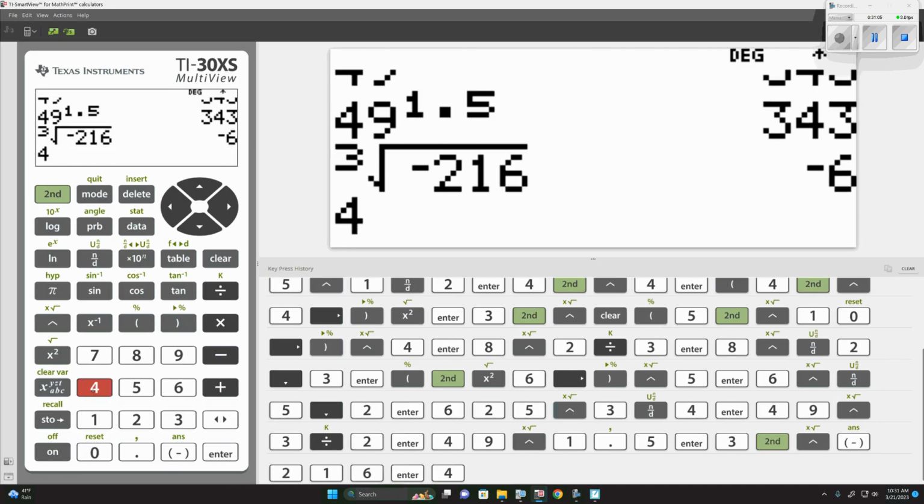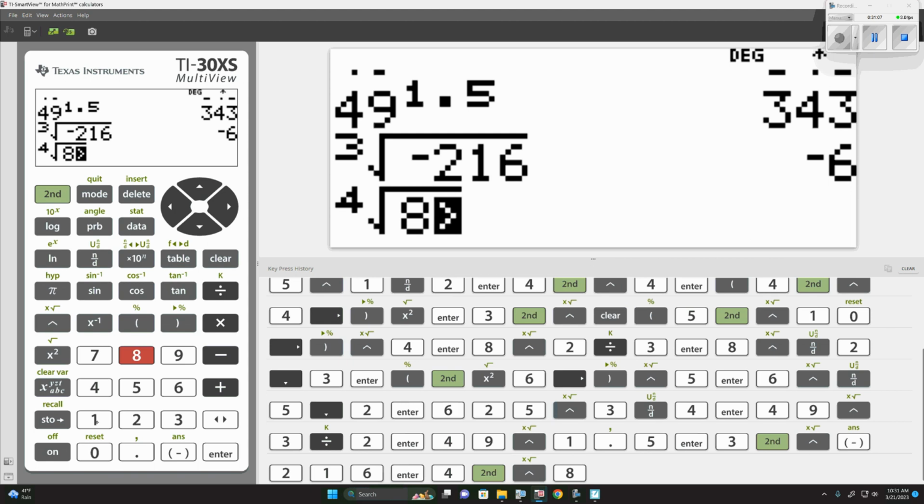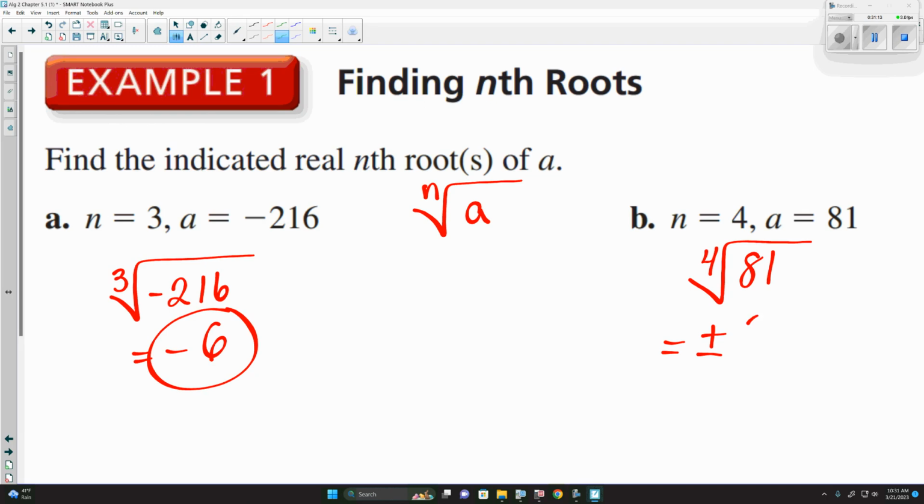Now here we can do the fourth root. So the fourth root of 81 is 3. Positive or negative 3. So we can write plus or minus 3 instead of writing 3 comma negative 3.